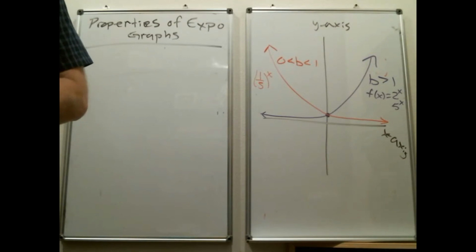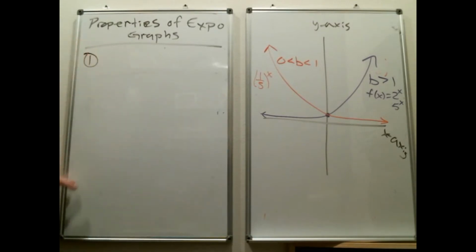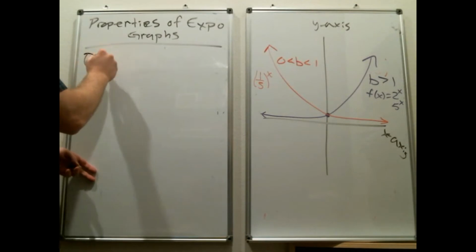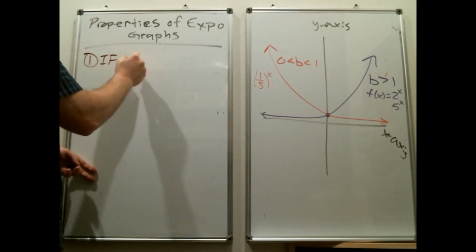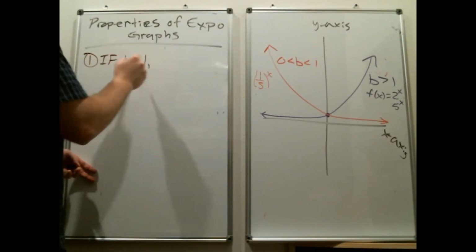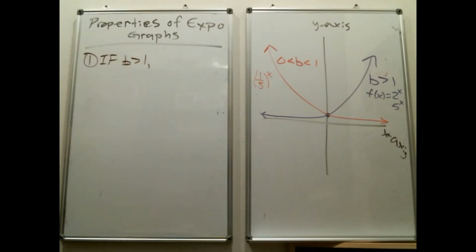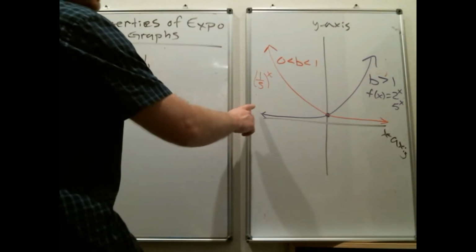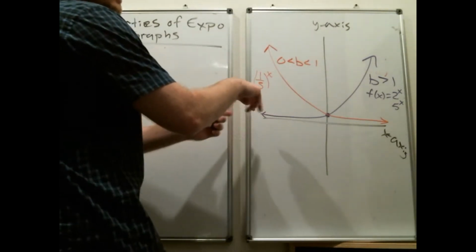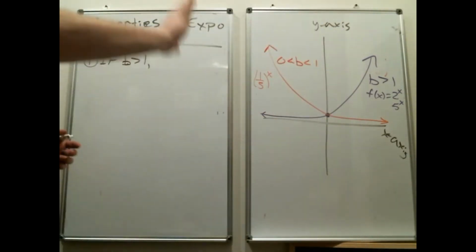And number one, we're going to say if b is greater than 1, what type of graph does it look like? What is the graph doing? If you were to read it from left to right, this purple one, or your little man's walking up, it's an increasing function.